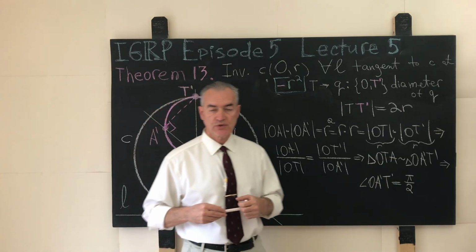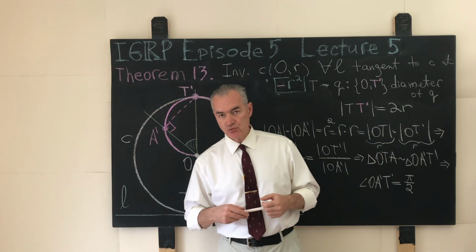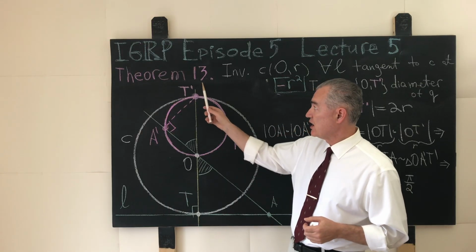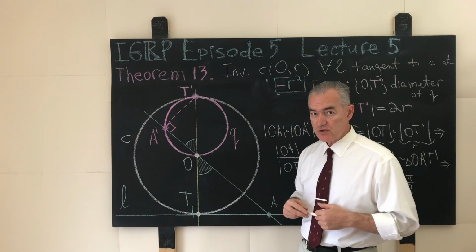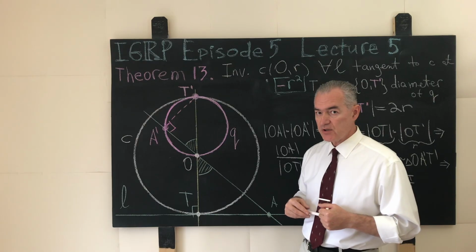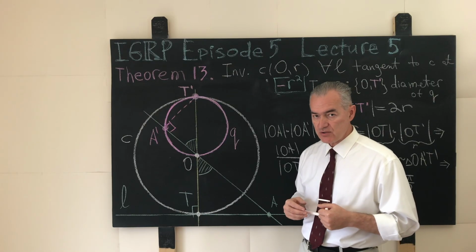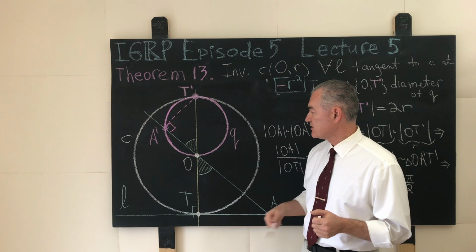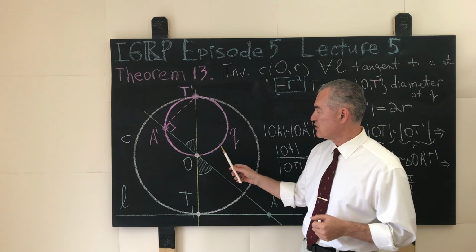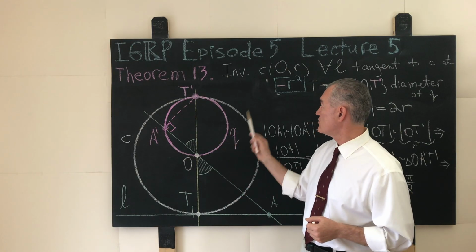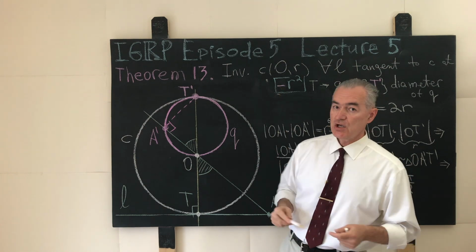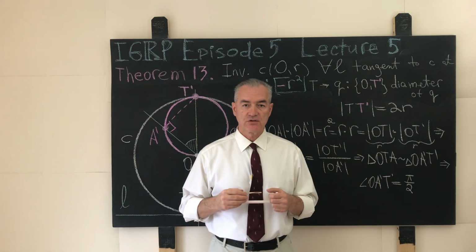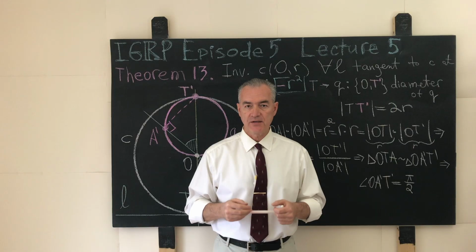And now, once we have a proof of theorem number 13, we can, in a straightforward manner, almost instantly come up with an algorithm using which we can construct the image circle Q shown over here under the inversion with negative power using nothing but the Euclidean tools alone, a straight edge and a compass.